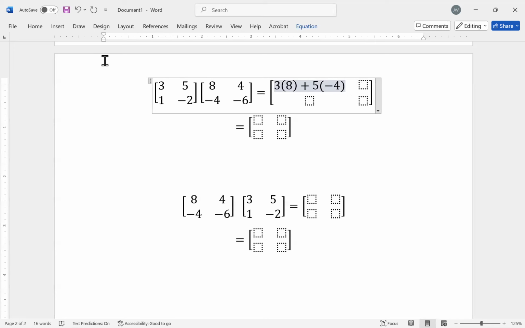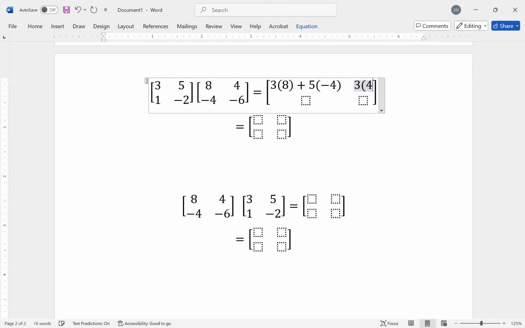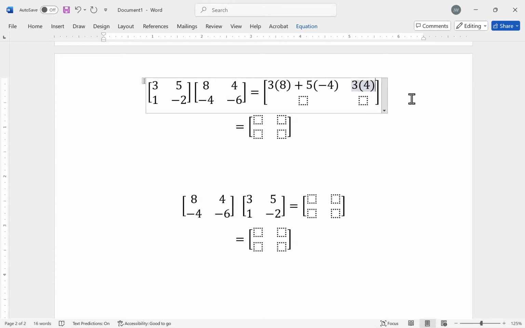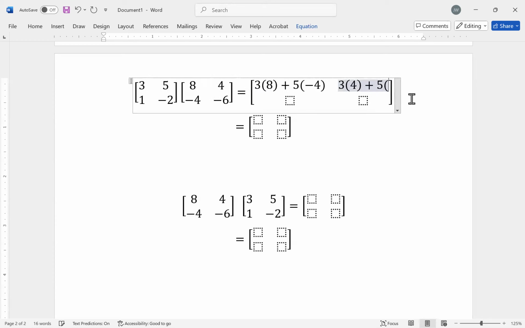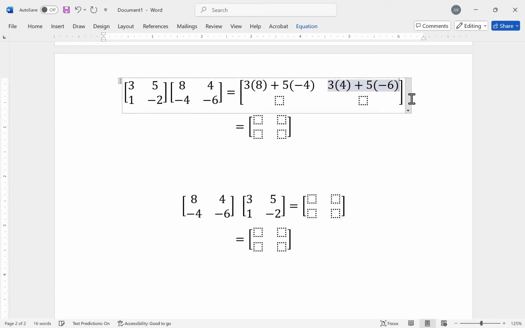That's going to be my first entry, the 1, 1 entry, first row, first column. Then I'll go first row, second column. That will be 3, 5 times 4, negative 6. So 3 times 4 plus 5 times negative 6.